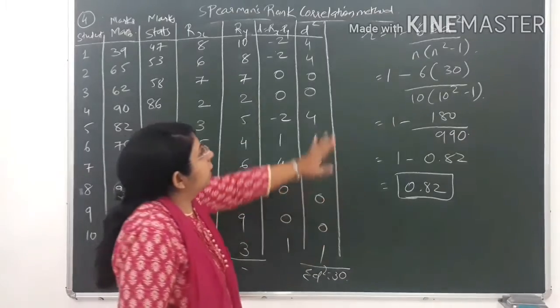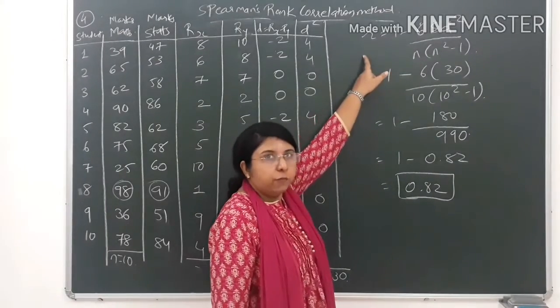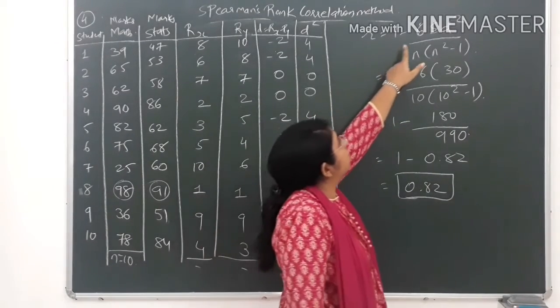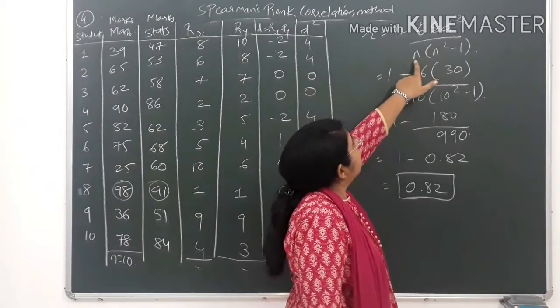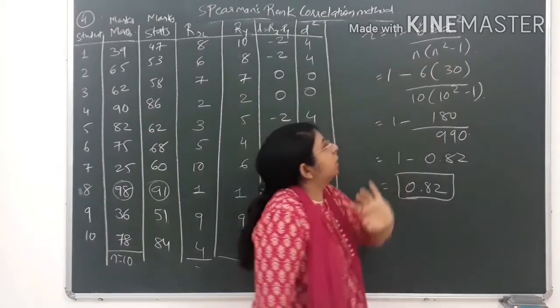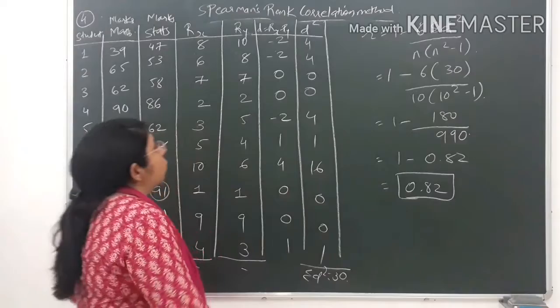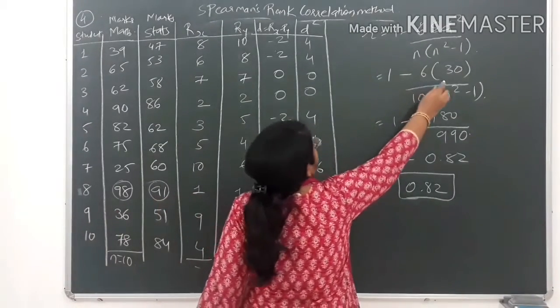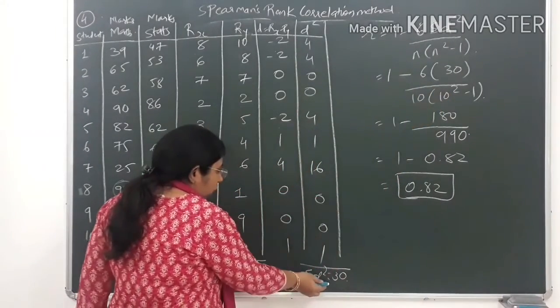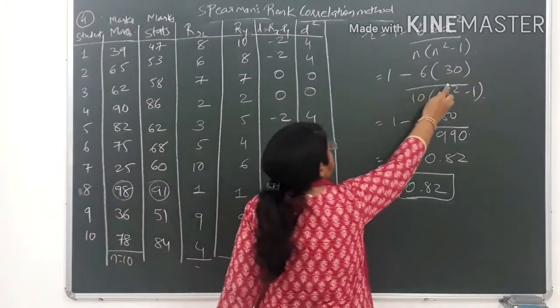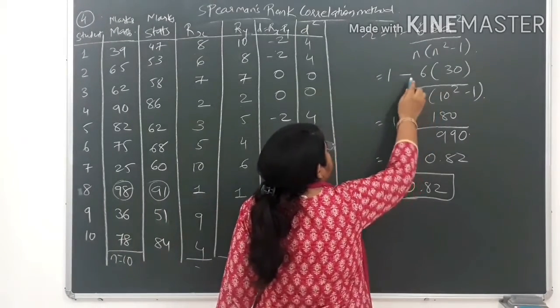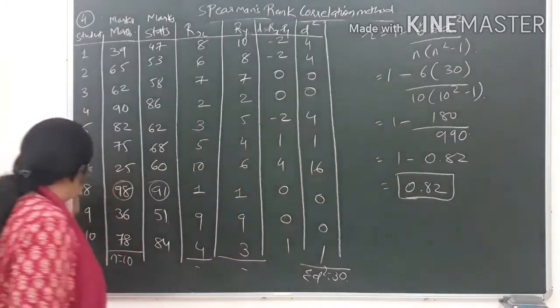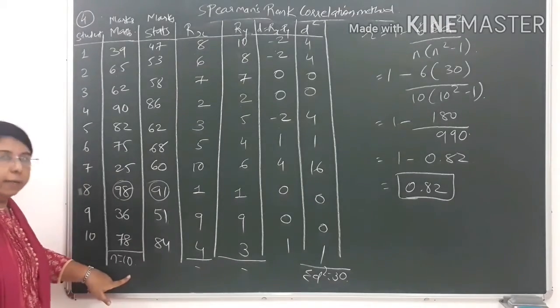Now placing that data in the formula, you are again repeating the formula, that is R is equal to 1 minus 6 sigma d square upon n into n square minus 1. So 1 minus 6 into sigma d square, the value we have found out, that is 30, upon the value of n. Total 10 students' data have been given to you, so n would be 10.